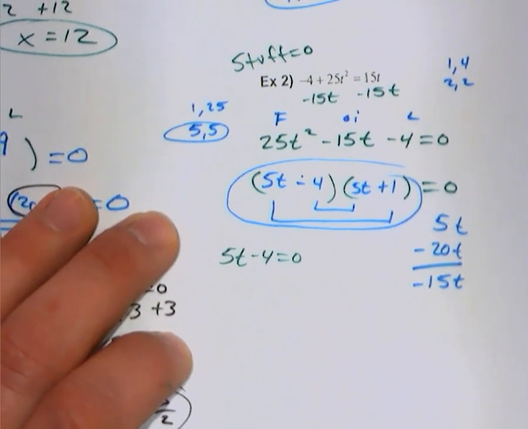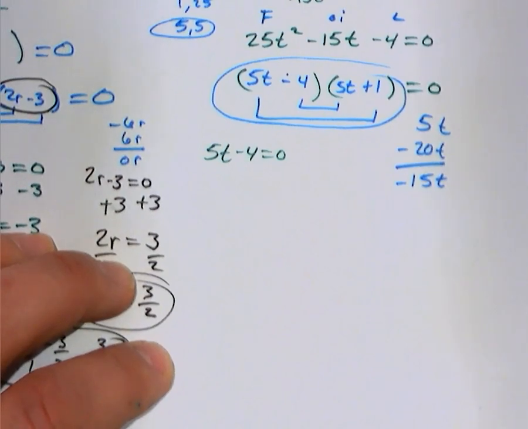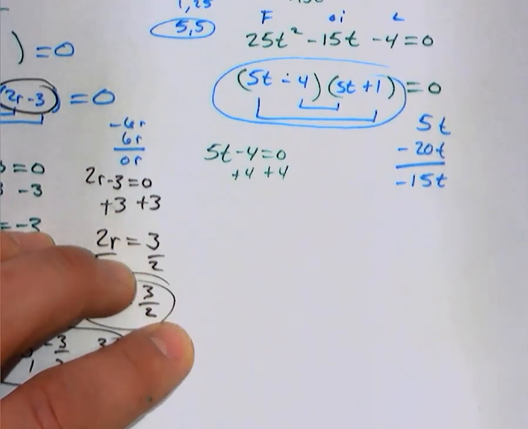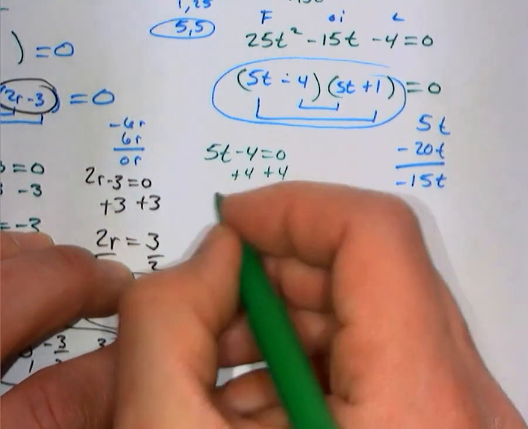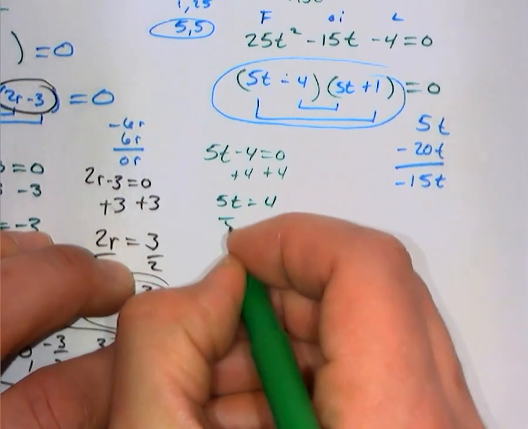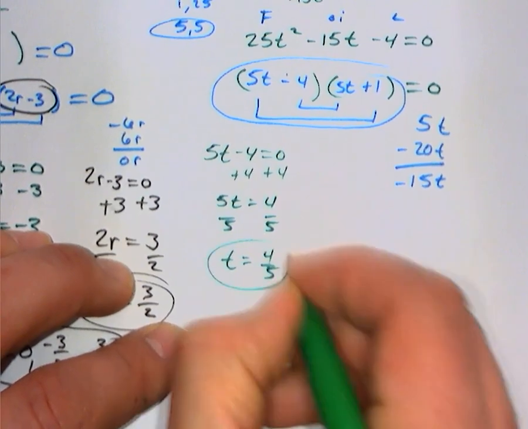Like Will. Will's already done with his notes. So Will, set this equal to 0. What do you get? 4/5. Okay. Some of us need to actually show that work. We add the 4 over. We divide by 5. And we get 4/5, just like Will said.